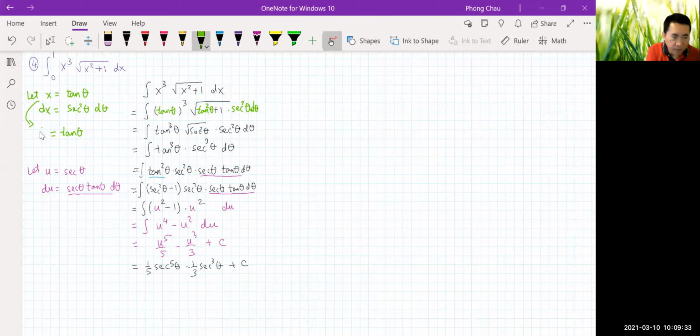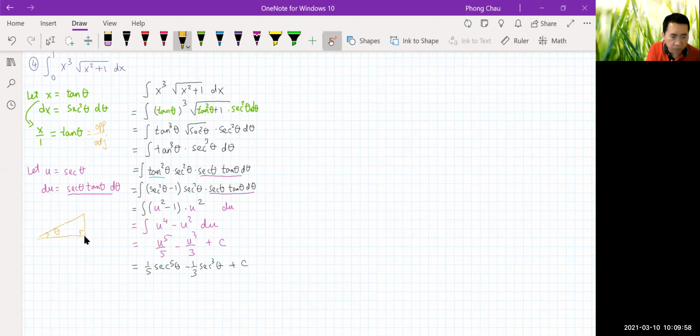So you can think of x as x over 1. I'm going to use this information to draw the right triangle, where my angle theta is here.